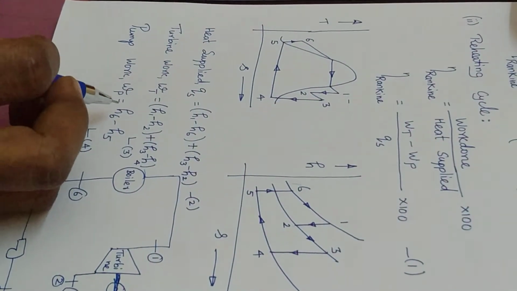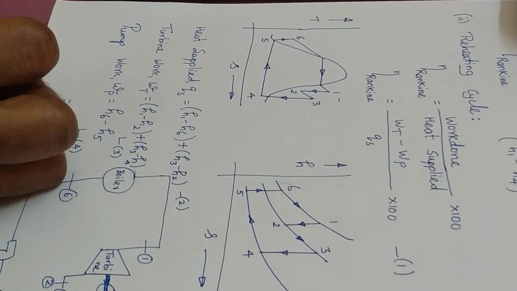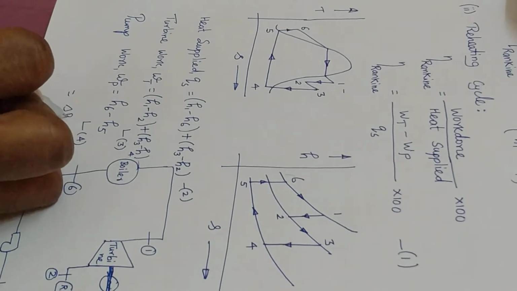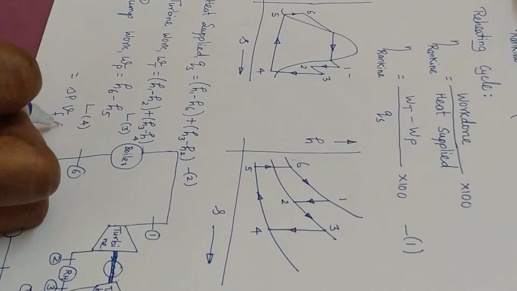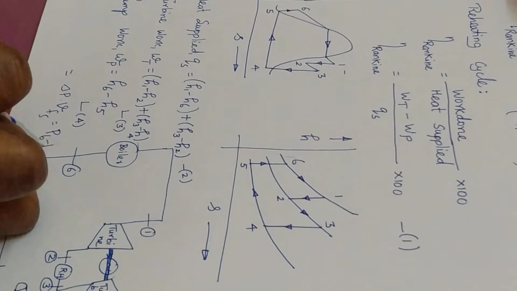This pump work we can also find as usual delta P into Vf5, where delta P is P6 minus P5.